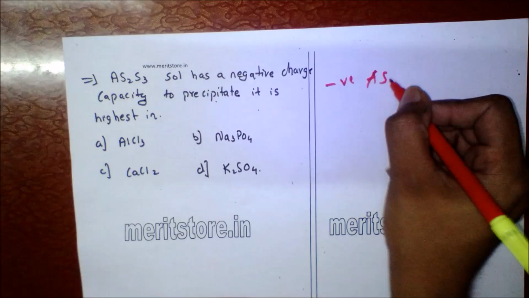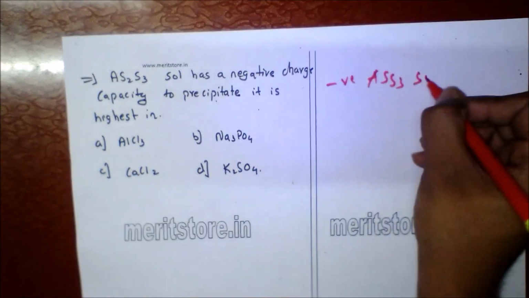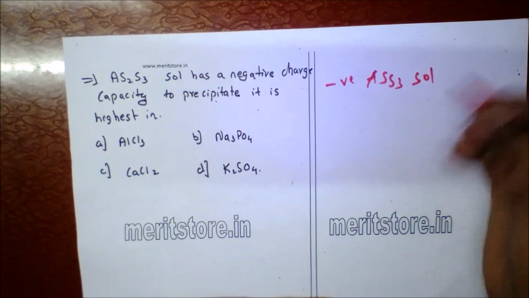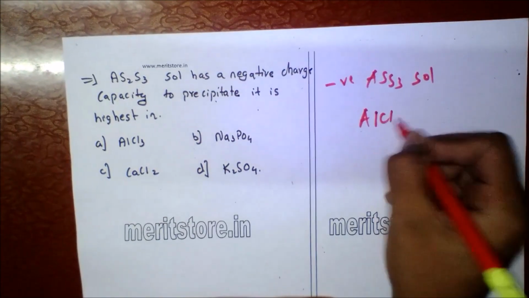As2S3 solution has a negative charge. The capacity to precipitate it is highest in A. AlCl3, B. Na3PO4, C. CaCl2, and D. K2SO4. Now, negatively charged As2S3 solution is coagulated most effectively by AlCl3.